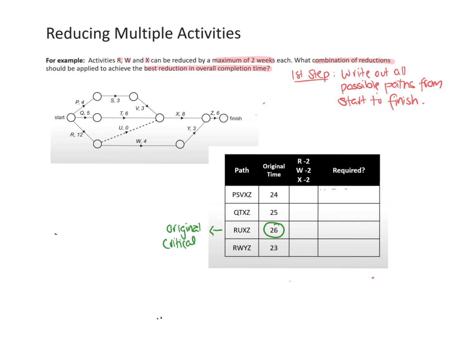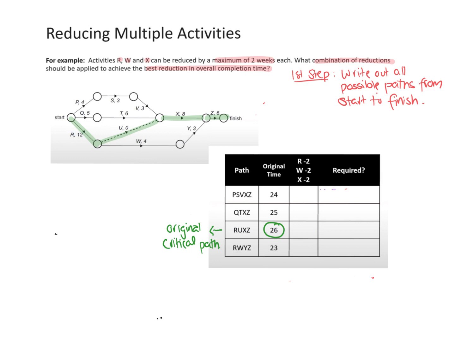So let's go highlight that up on our network. So we know that the critical path is the R, the U, we went through the dummy, and then we went X, and then we went Z. So that is the critical path.